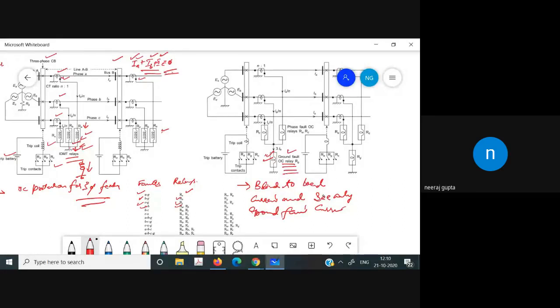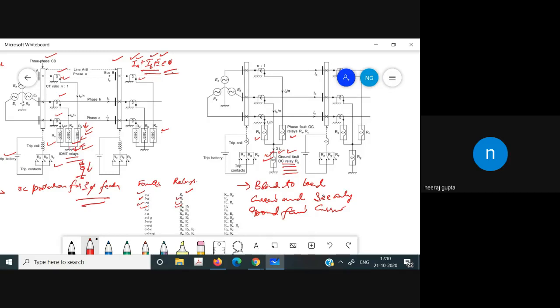If we take into consideration, instead of using a relay in all three phases, we use the relay in two phases and in the ground path.